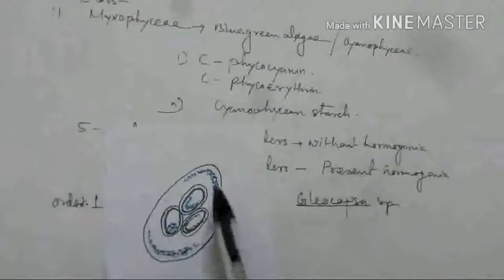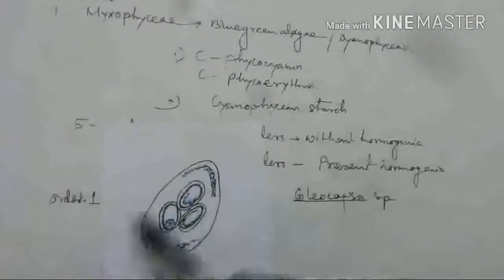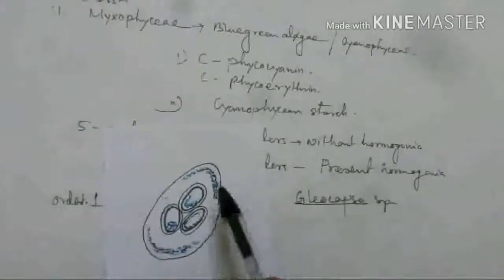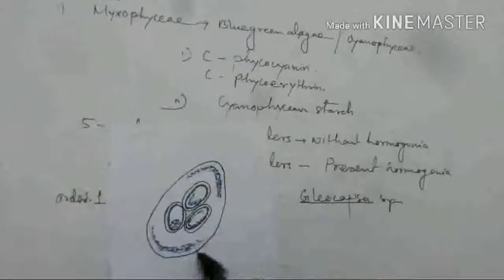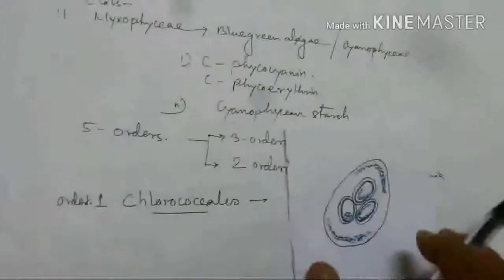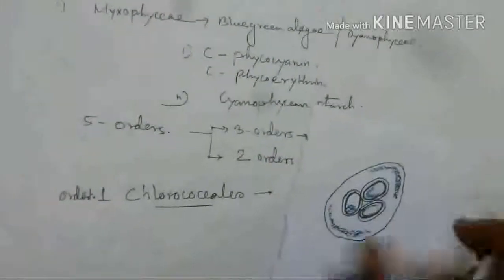This is a Gloeocapsa algae. Single cells make a colony, and it is a floating algae, and the colonies are embedded within a matrix. So this is a Chroococcales order algae, and hormogonia are absent in this algae.